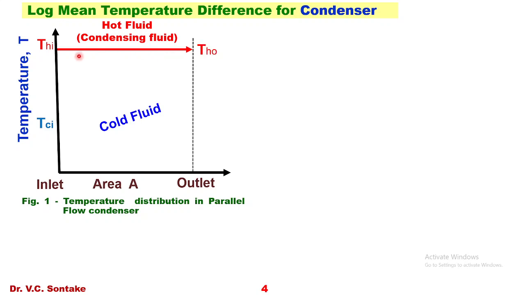So temperature variation of hot fluid in case of condenser is not going to change, hence it is shown by horizontal line. Whereas because of receiving of heat by cold fluid, its temperature will be increasing from Tci to Tco, and direction of fluid flow will be from inlet to outlet.